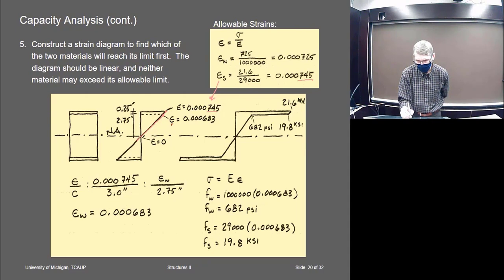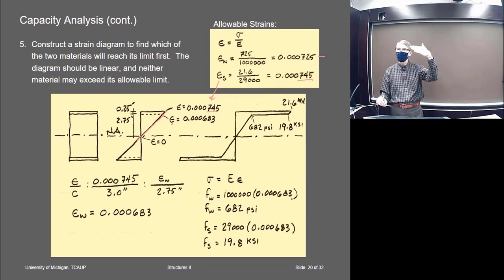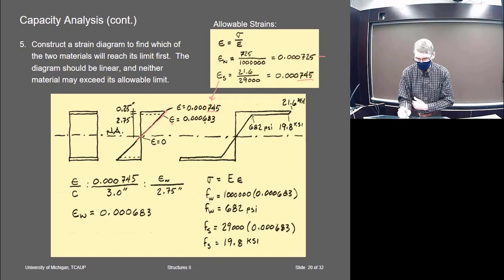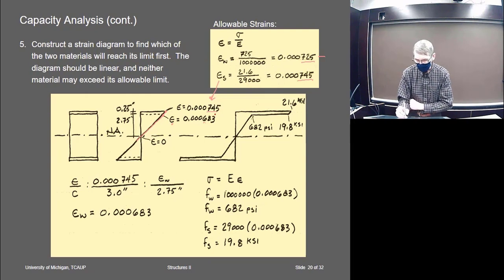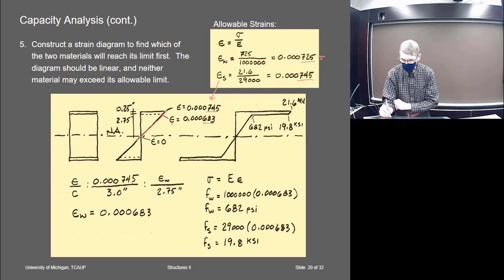Now when I calculate this one, it's either going to be above or below the limit for the wood. If it's above the limit for the wood, that means the wood is controlling, and then I'd have to throw out that calculation and start over again and set the wood to be the limit of the wood, and then calculate the steel, and the steel would come out lower. In this case, it worked out okay because I chose the top one, and when I calculated the wood, it is lower, right?